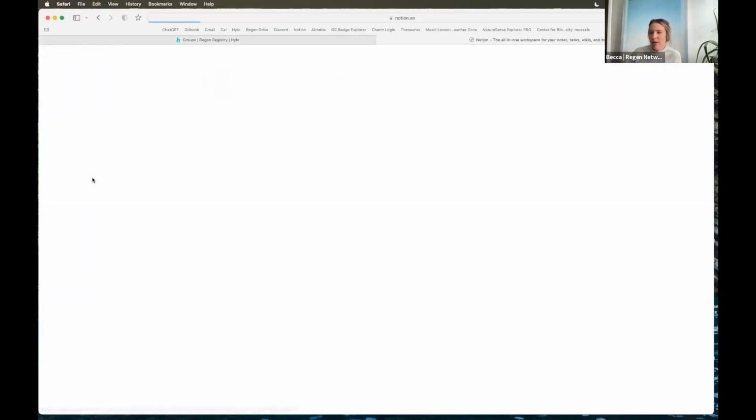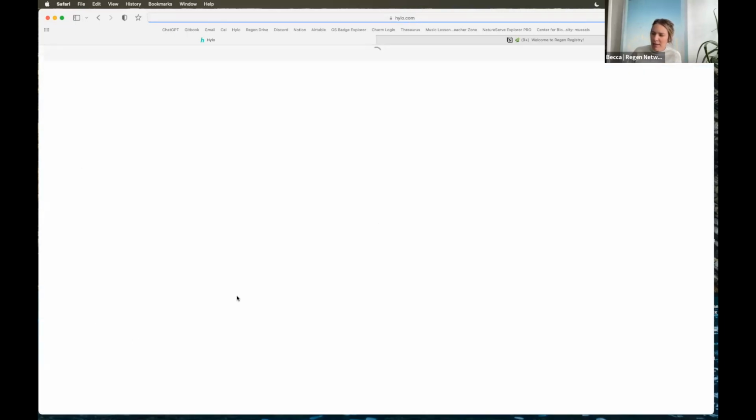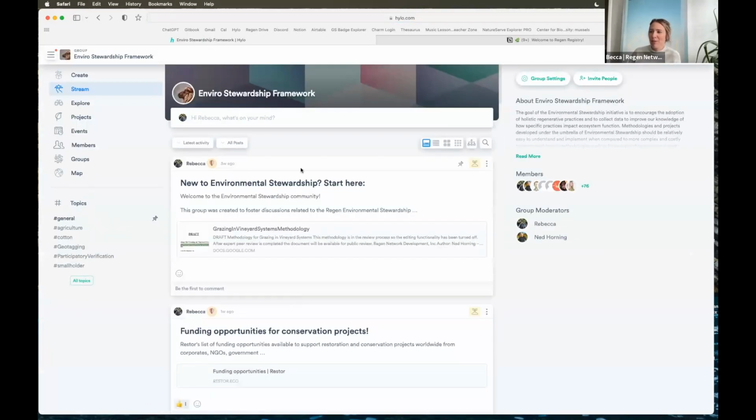You can go in and create these specific side views for the group. Each group can have different ones that link out to important things. For environmental stewardship, like Ned was saying, their group, which has the most members, this was our first group, they can populate custom views here that are relevant to their community. So it can really be tailored to whatever that community might want.